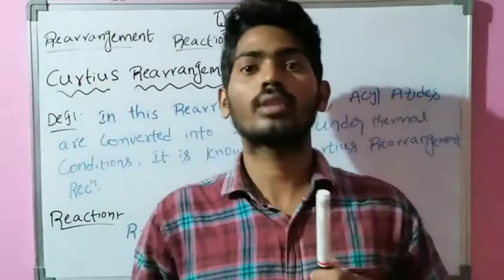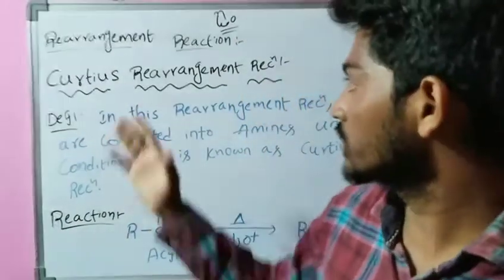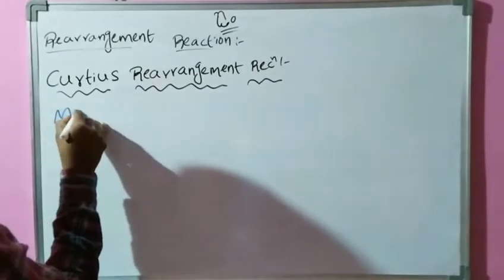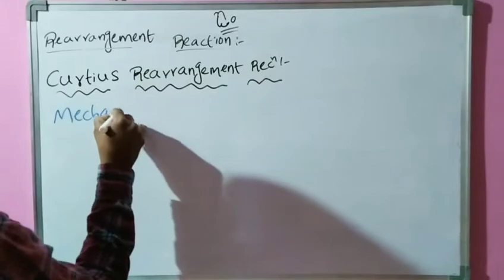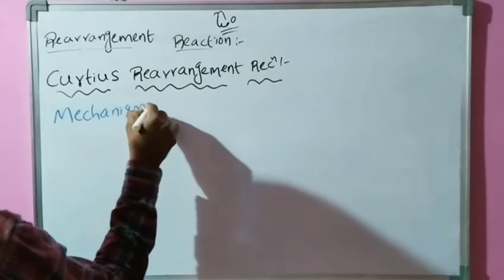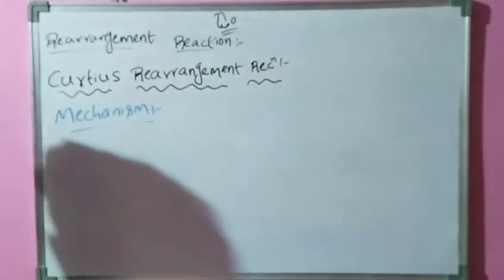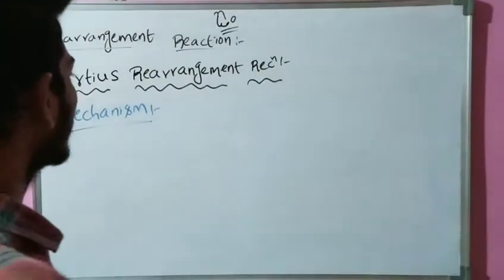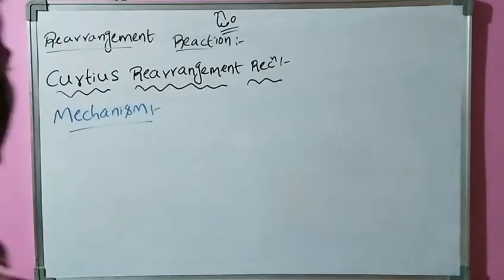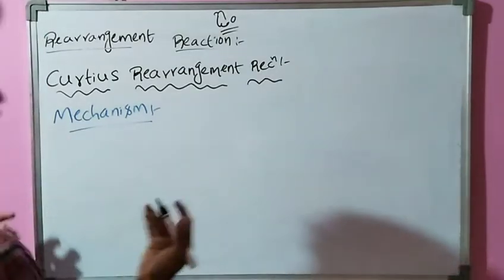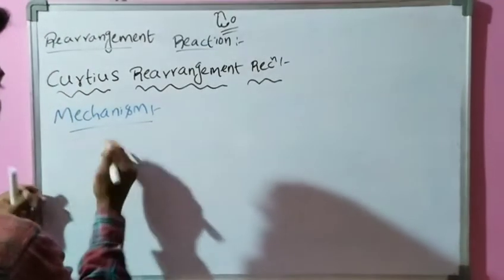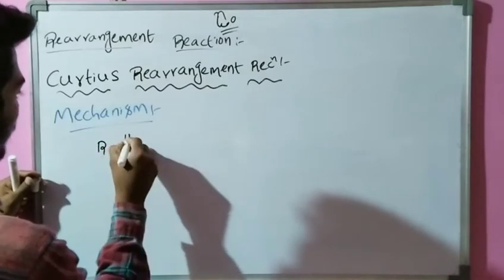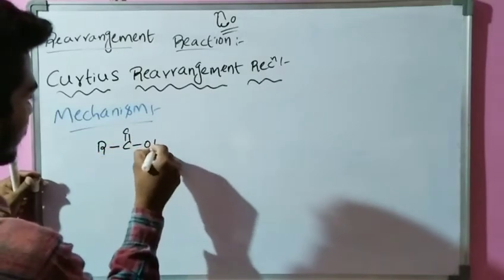Now coming to the mechanism of the Curtius rearrangement reaction. Before going to the mechanism, we can prepare an acyl azide from a carboxylic acid.